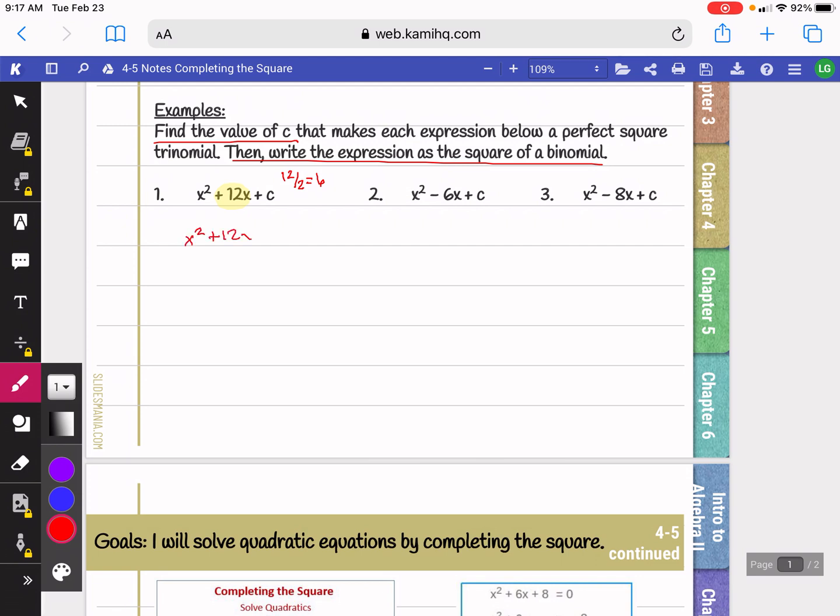And our c is going to be that 6, what we got when we divided by 2, squared. If you do 6 squared, that comes out to 36. So the c that makes this a perfect square trinomial is the number 36. And we can then write our expression as a square of a binomial. So we have x, and when we divide it by 2, we got 6. So that goes in our binomial squared.